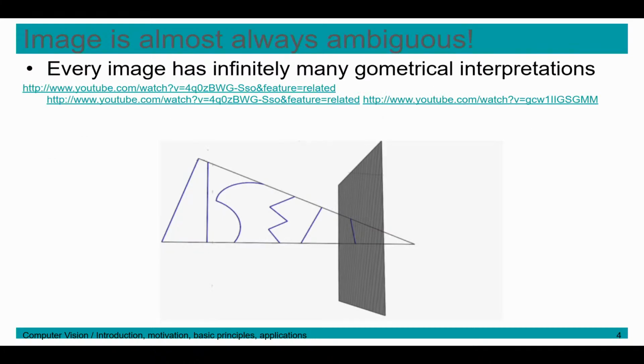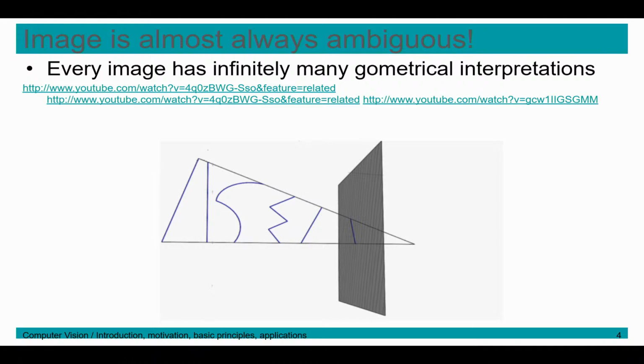You can have many different things in the real world, like this line, this one, this weird surface, whatever, and where they get projected to the surface of the camera, you get the same image, regardless of the geometry of the real world. Basically, if you see some image, there is an infinite number of interpretations of that image.